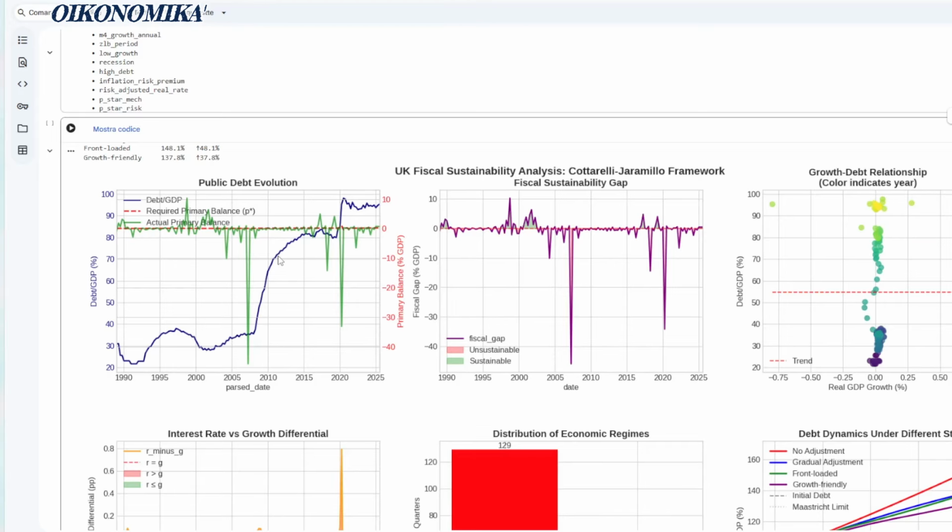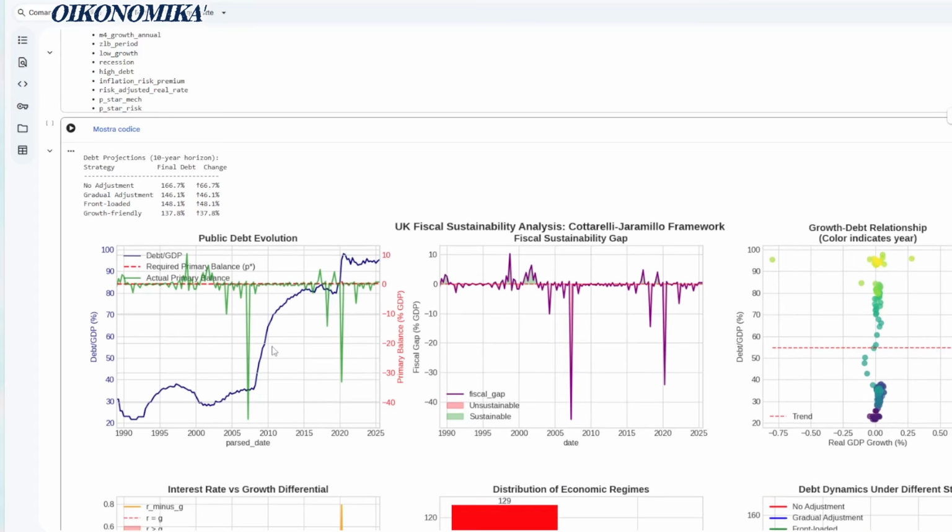We have the evolution across time, for all the data available, of the debt to GDP ratio. We see the change of the stock and the flow. The green line is the actual primary balance, so how the flow changes, whether you have a surplus or deficit. Most of the time, primary balance has been in deficit.